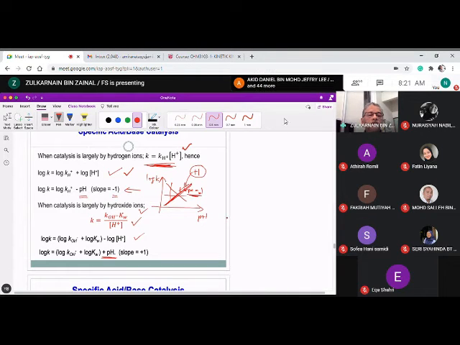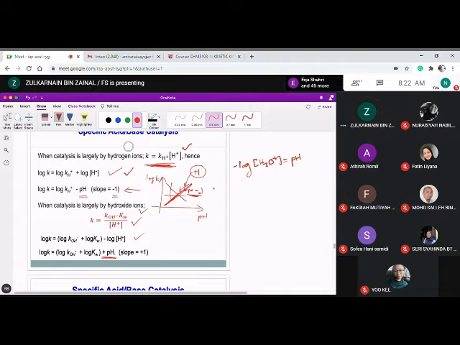The rate constant is then simplified into just these two terms, log KH plus log H plus. All right, and then, everybody knows that the negative log of the concentration of H3O plus is actually pH.